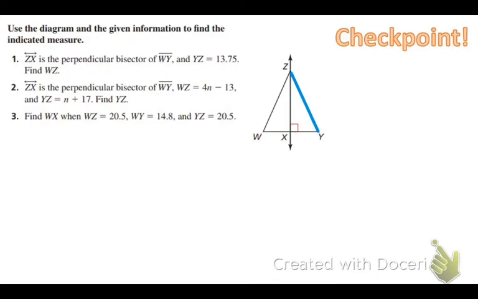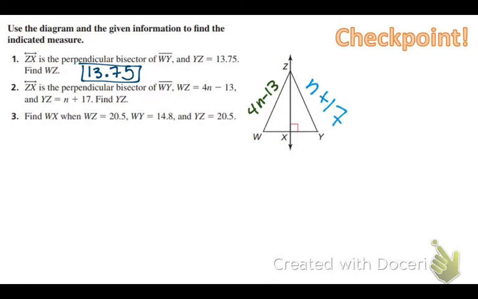All right, if YZ is 13.7, what's the measure of WZ? 13.7, good. Oh, sorry, 0.75. It says WZ is 4n minus 13, and YZ is n plus 17.